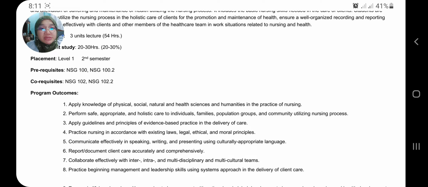Fourth, practice nursing in accordance with existing laws, legal, ethical, and moral principles. Next one, communicate effectively in speaking, writing, and presenting using culturally appropriate language. So, isa din sa mga tinuturo dito sa fundamentals of nursing is how will you deal with your patient, communicate with your patient.